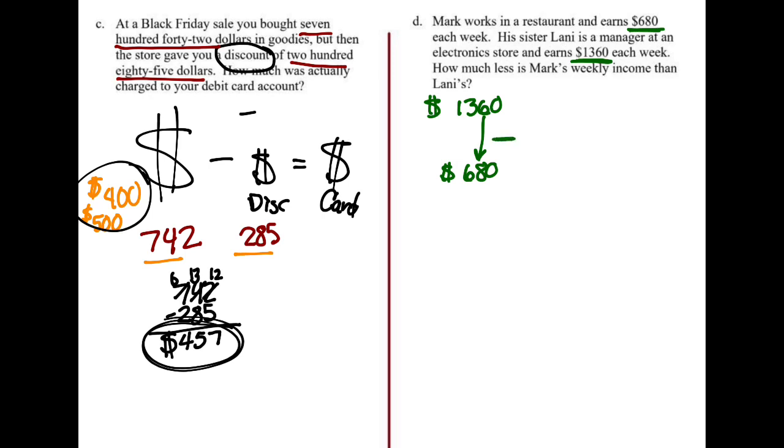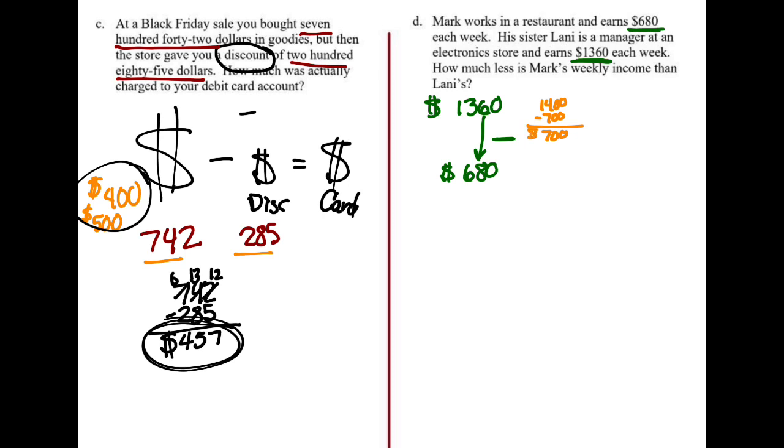So 1360 is, I'm just going to round it to 1400. And 680, actually, let's make it in the orange color, so we always estimate in the same color. And then minus the 700 that he makes, so the difference should be around $700.